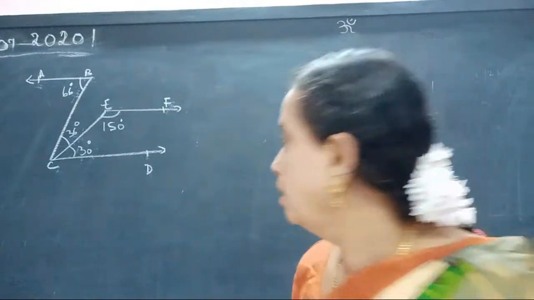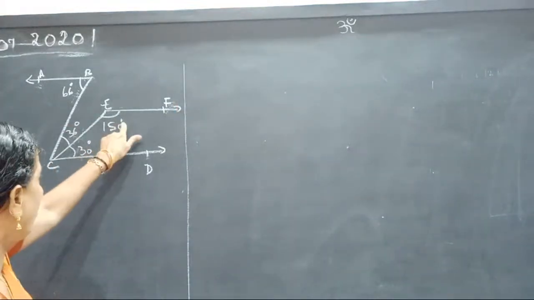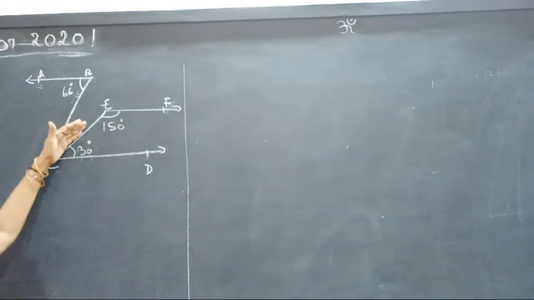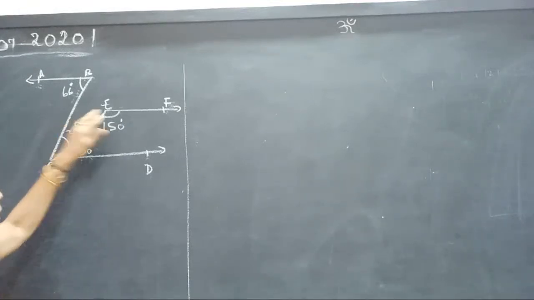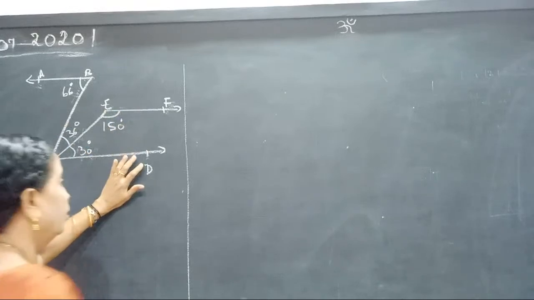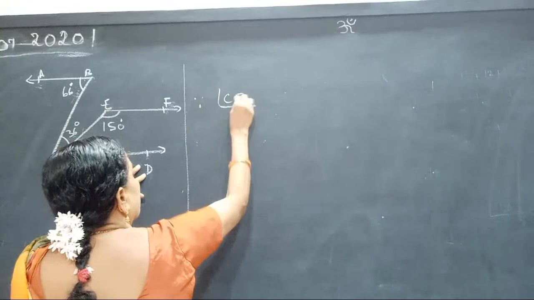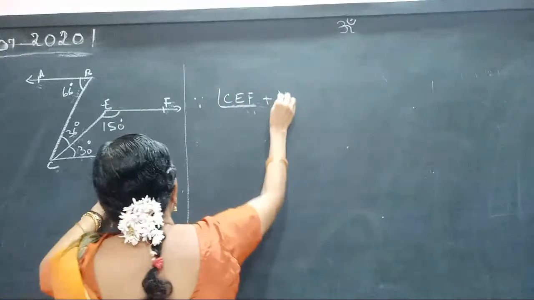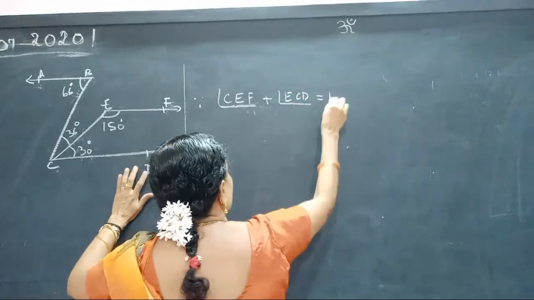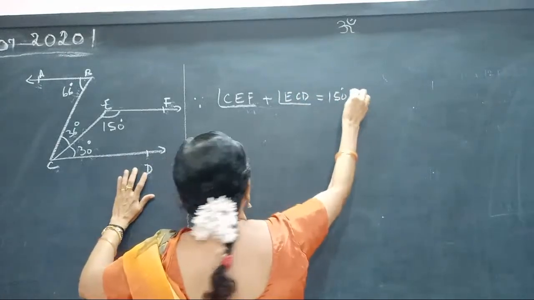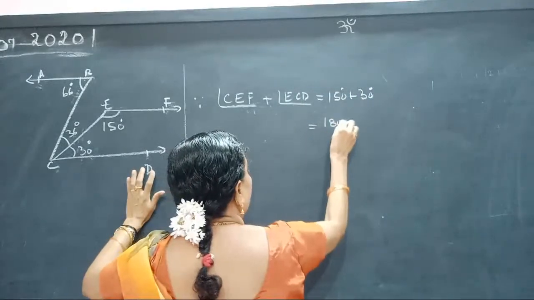Is it clear? So now I go with the steps. I will show that the sum of these two angles is 180 degrees. By the converse of the co-interior angle property, the lines must be parallel. You write: since angle CEF plus angle ECD equals 150 degrees plus 30 degrees, it is 180 degrees.